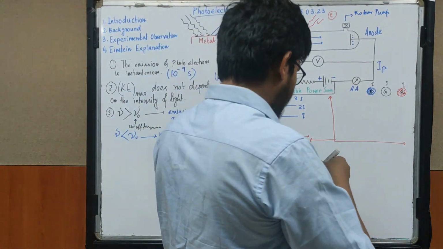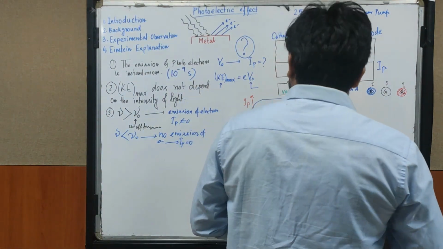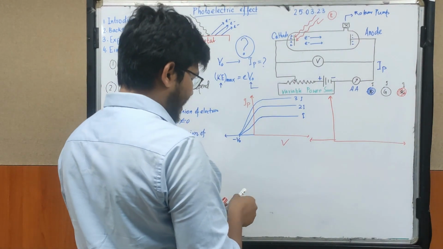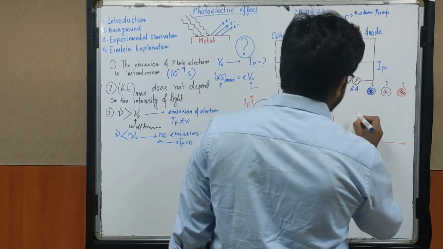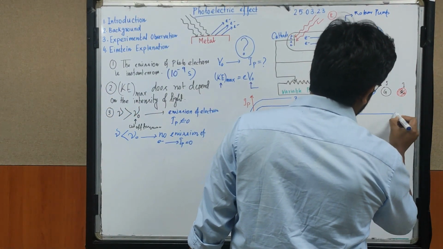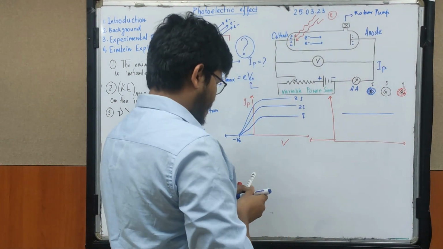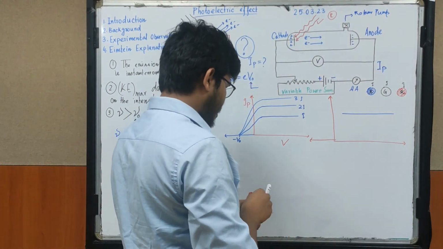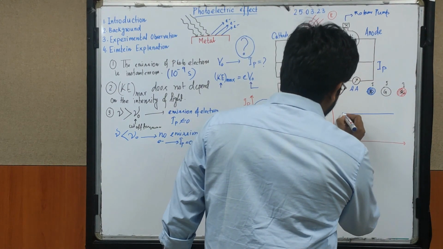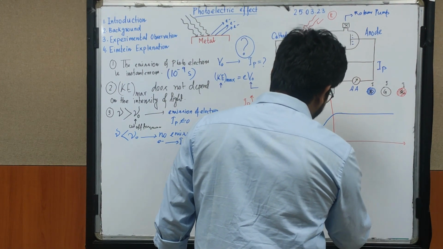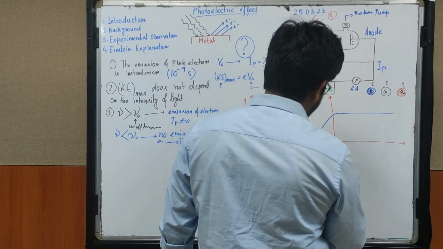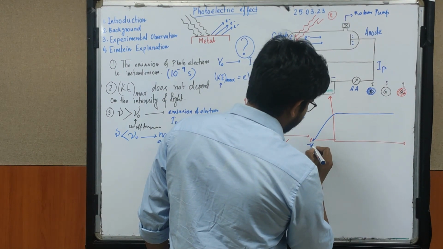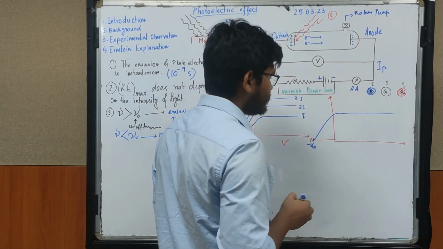So if the intensity is the same, we know from the previous study that the maximum photocurrent will be the same for all the cases. But what happens is that for blue light you will need a higher stopping potential, V0 blue.